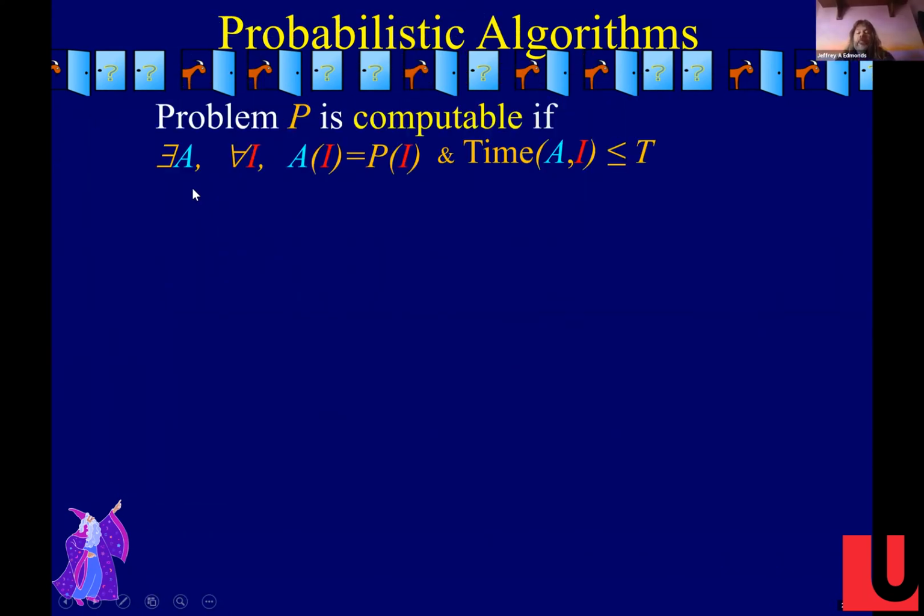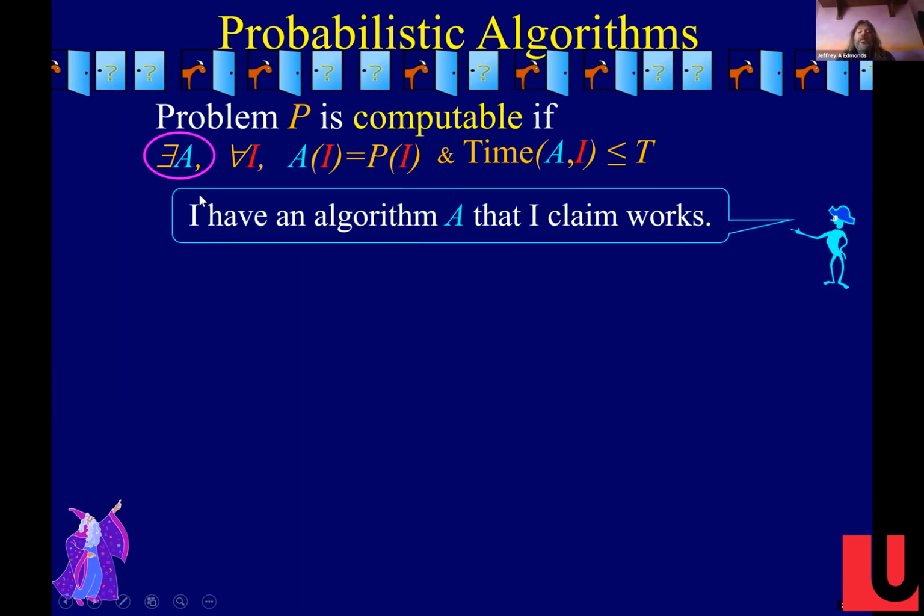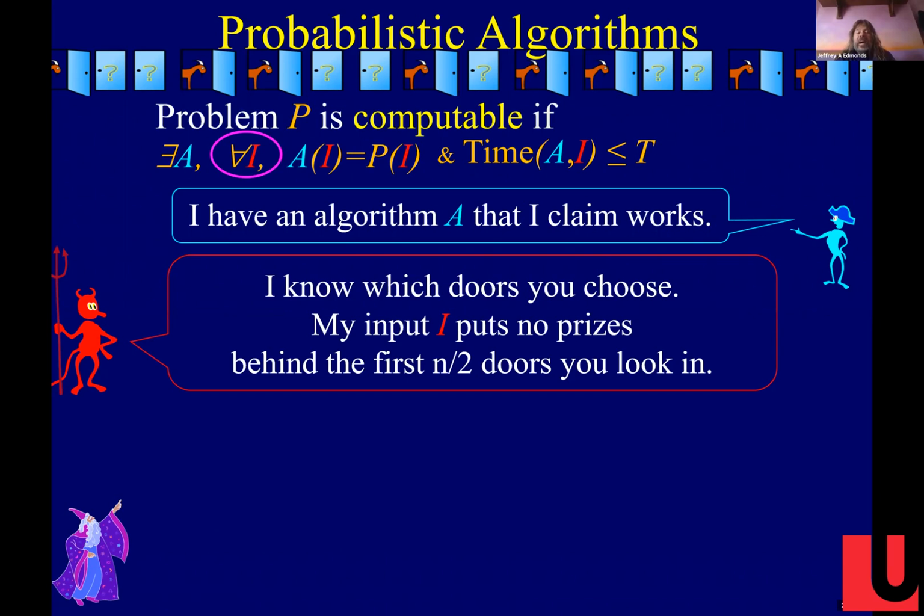So here's the game. We've seen this kind of line before. We're claiming there exists an algorithm, so the prover starts by coming up with the algorithm, which says the order in which we look at the doors. Then the adversary knows the algorithm.